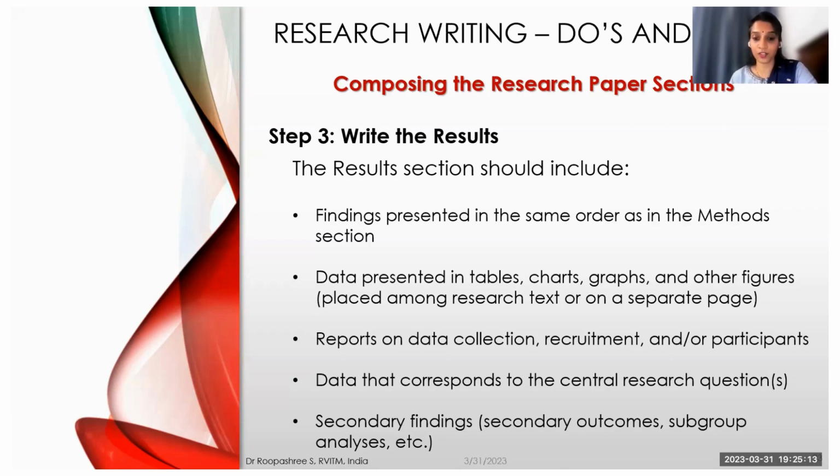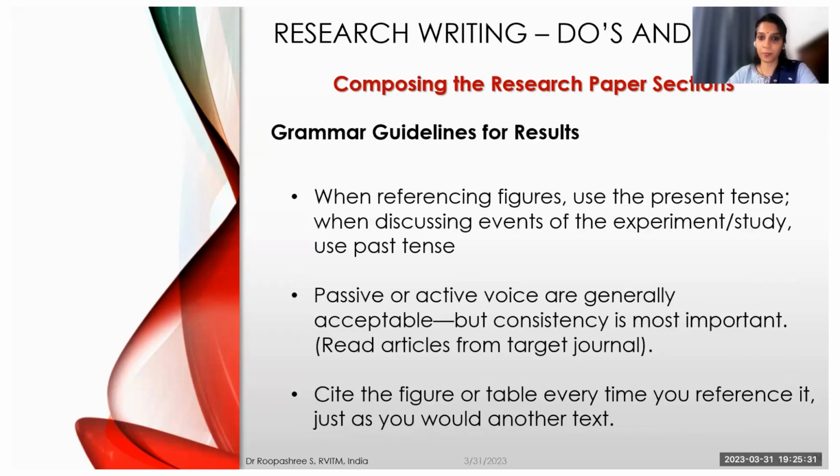Reports on the collection of the data or any other data analysis or collection have to be reported here. Data that corresponds to the central research questions or the secondary findings will all be detailed in this results section.